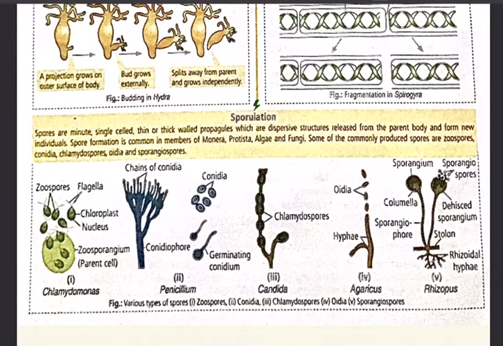When conditions become unfavorable, as I said yesterday, the spore will develop 3 to 4 layers around it and becomes a cyst. And the cyst will survive in the unfavorable conditions as long as unfavorable conditions exist. And it doesn't keep quiet, it doesn't take rest.